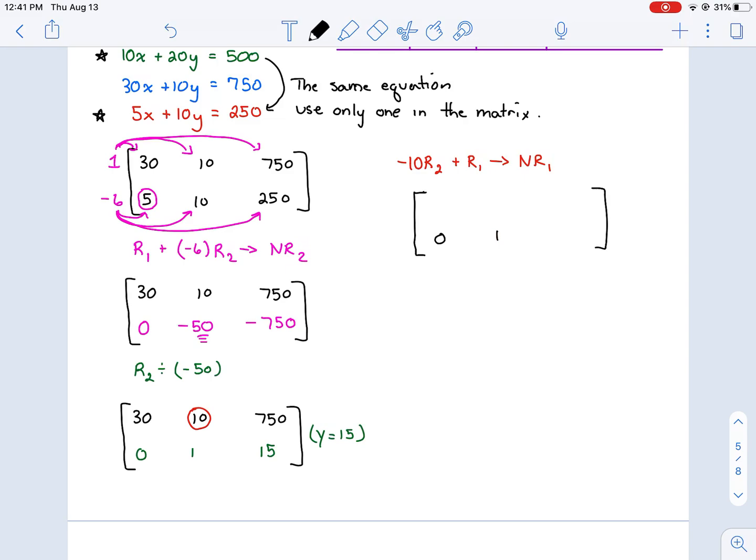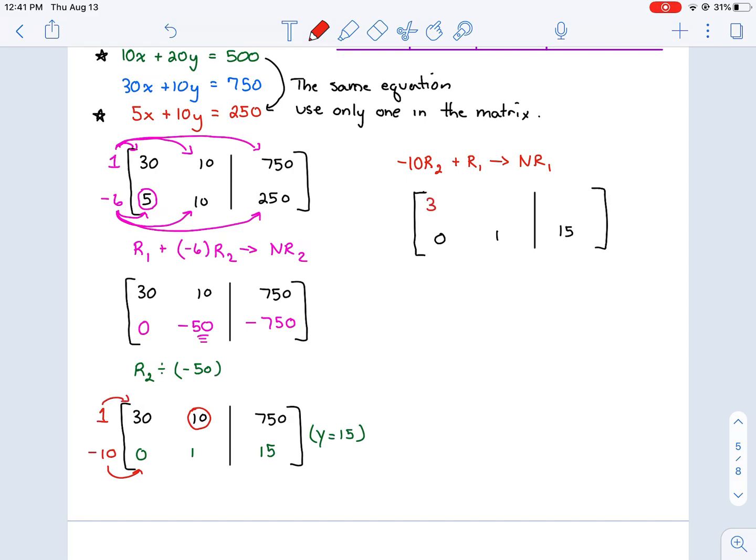So I'm going to write row 2 down. Okay, so I want negative 10 times row 2 plus 1 times row 1.